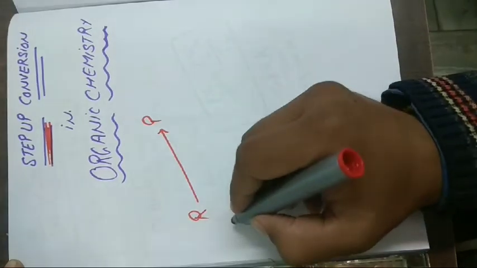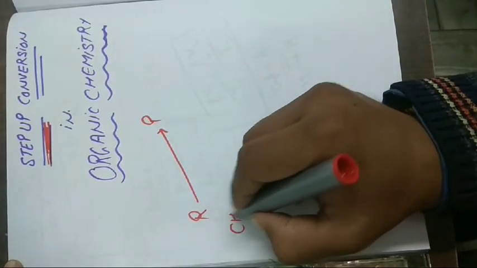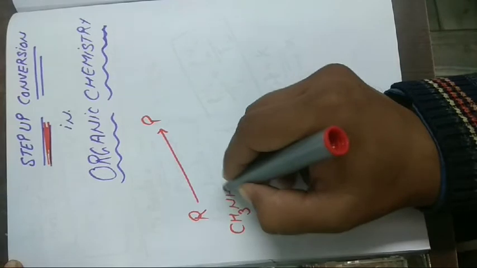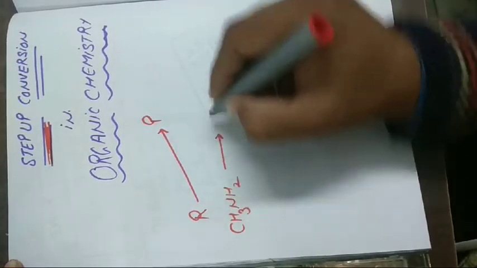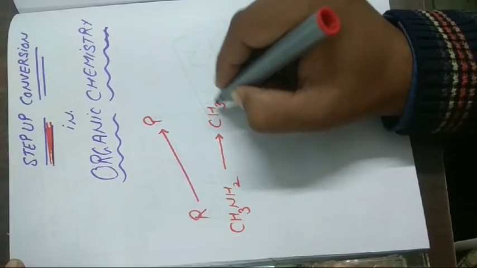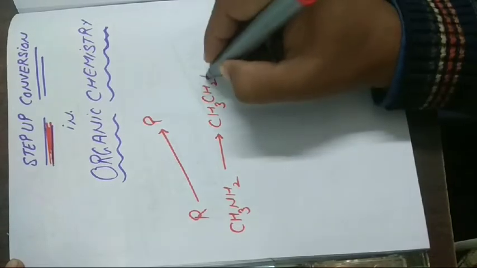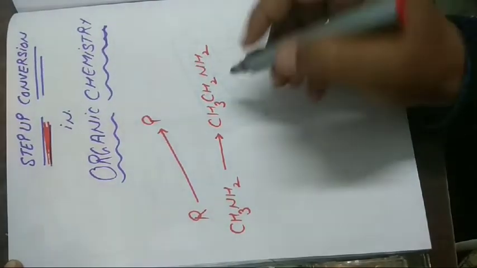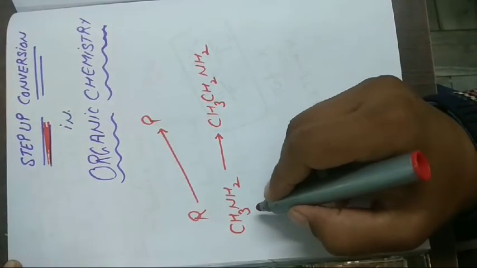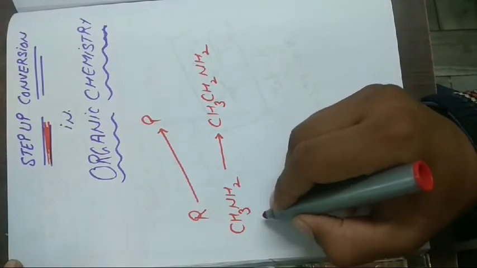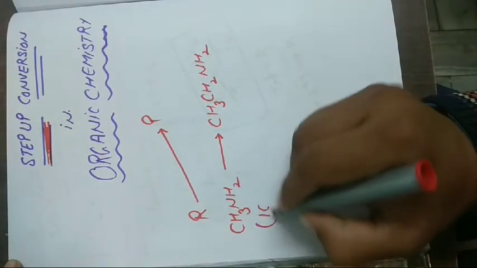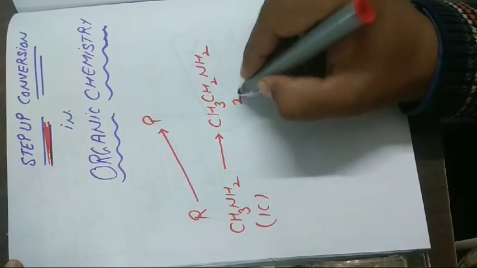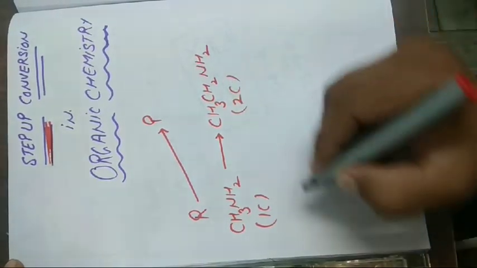For example, if in any reaction CH3NH2 gets converted into CH3CH2NH2, that conversion is known as step-up conversion, because in the reactant there is 1 carbon and in the product there are 2 carbons.